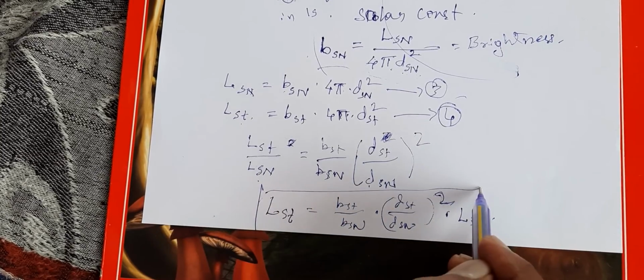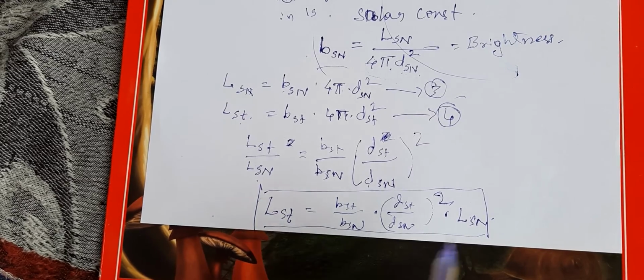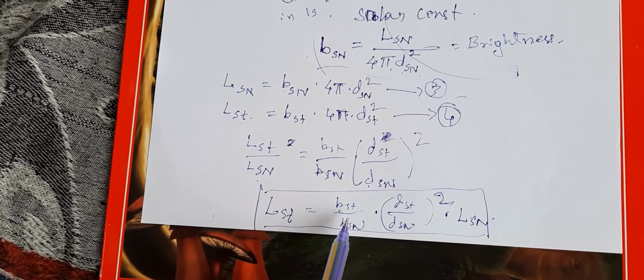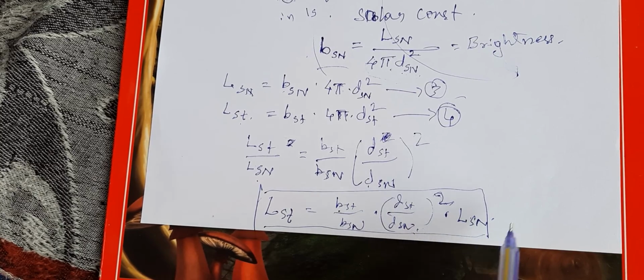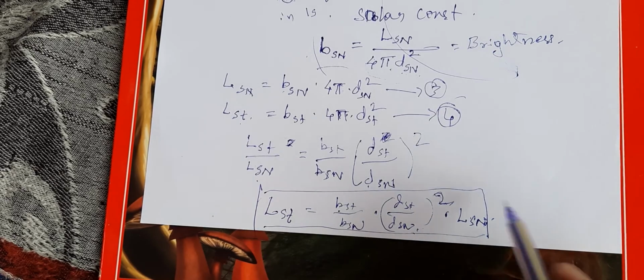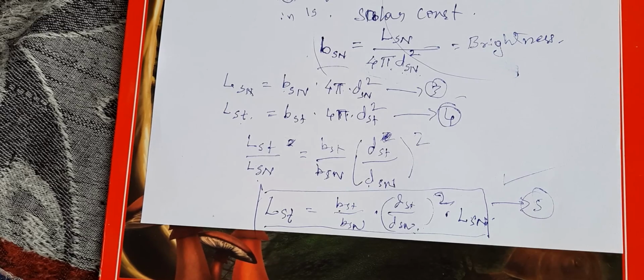So this is the luminosity of the star in terms of relative brightness with the sun, relative distance, and the luminosity of the sun. This is a very, very important equation.